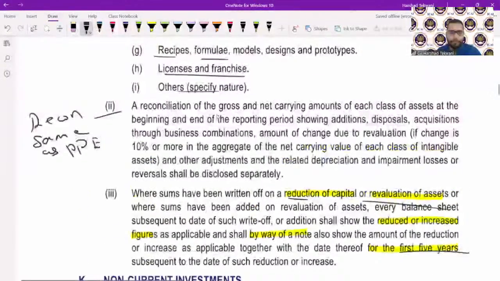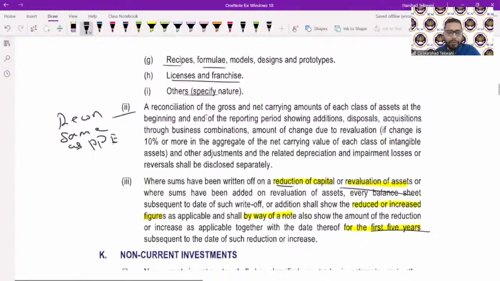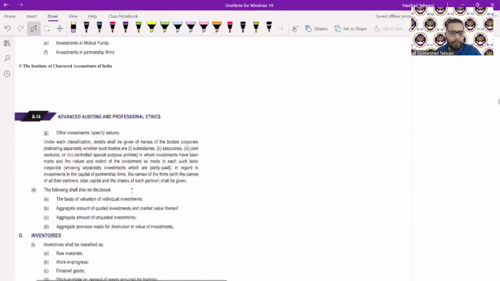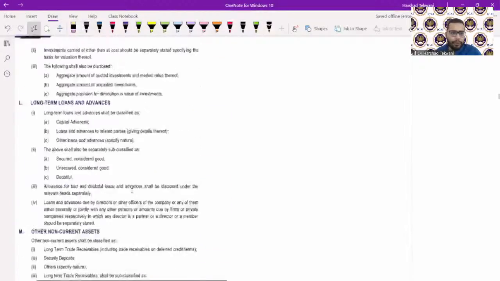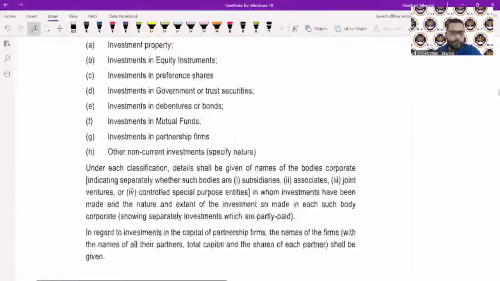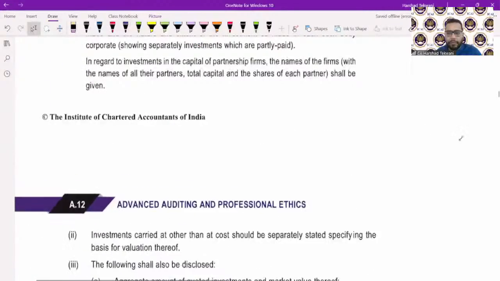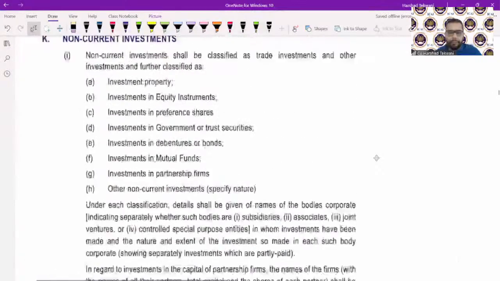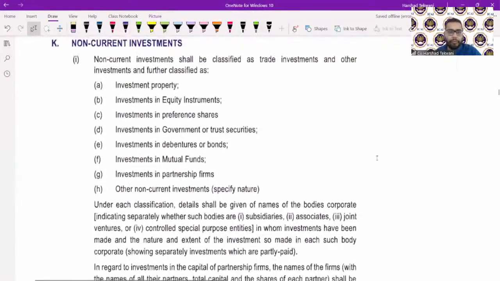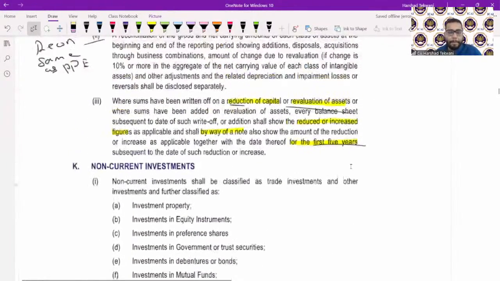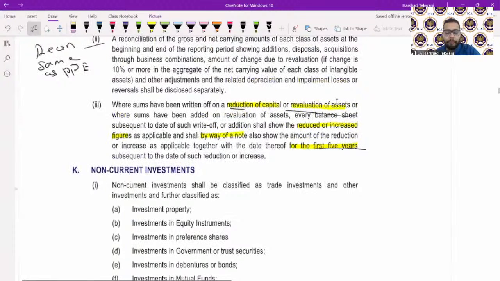This was my intangibles. Any doubt till now? Any doubt? Any doubt, guys? Appropriately corrected. Yes.